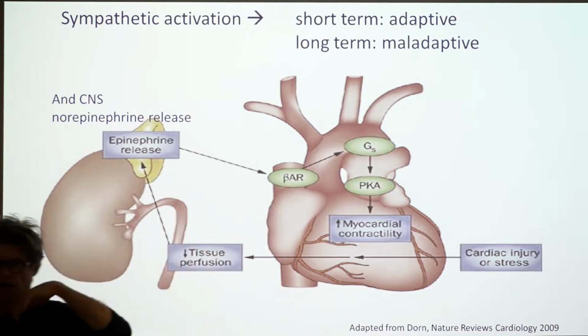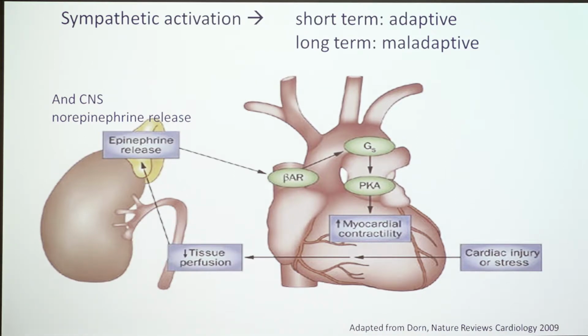It's a 7-transmembrane receptor. Is this familiar? So this is preserved in evolution. A 7-transmembrane receptor which is G protein coupled and signals through cyclic AMP and then does a number of post-translational modifications to downstream proteins. So phosphorylation, for example, of ion channels.